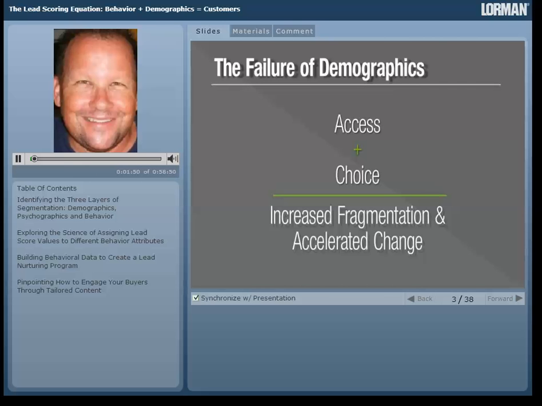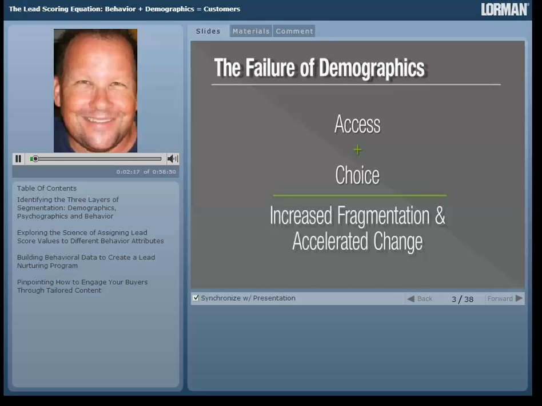So, looking at the failure of demographics: with the evolution of technology, access to information and access to choice is now really unlimited, where people can gather all kinds of information and choose how they get access to it. This has created a paradigm shift in marketing, where consumers and not the advertisers are defining the groups they wish to be a part of.